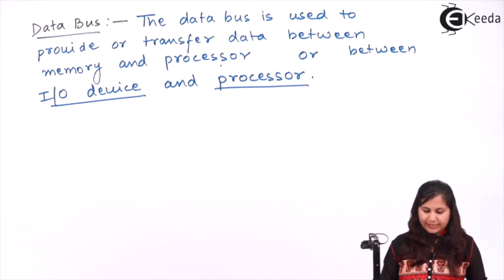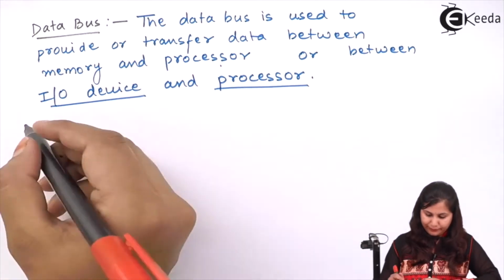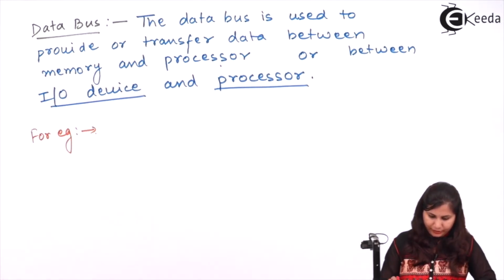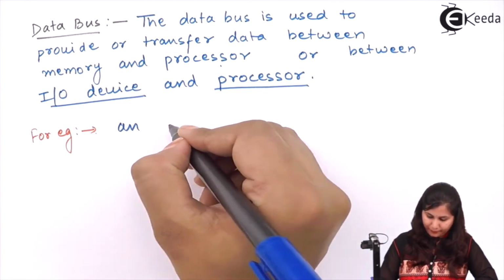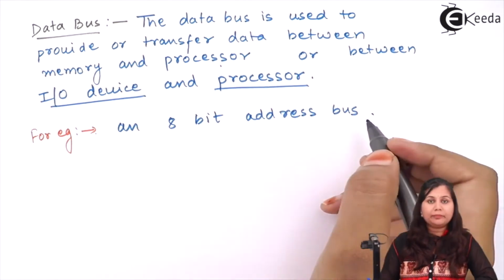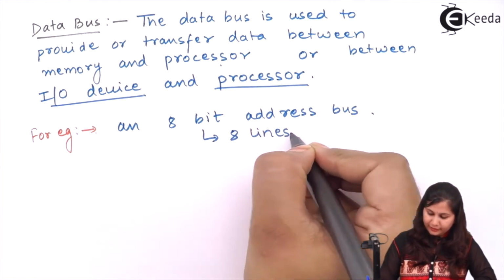Let's take an example so that you can understand what the address bus and the data bus are doing. Suppose we have an 8-bit address bus. An 8-bit address bus means it has 8 lines to carry the address.